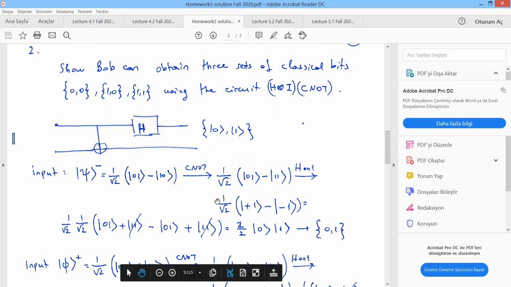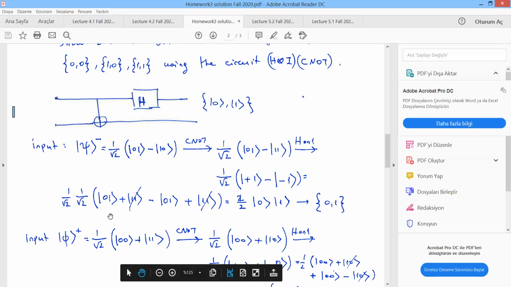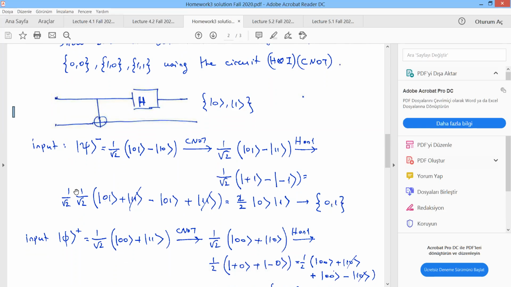If I plug in the plus and minus states in standard basis, I end up with 1 over square root of 2, but because of the definition of plus and minus states, there is another 1 over square root of 2. I have ket 0 1 plus ket 1 1 minus ket 0 1 plus ket 1 1.